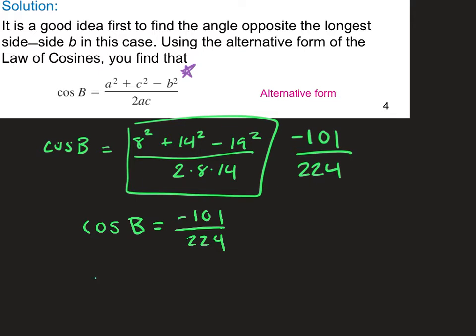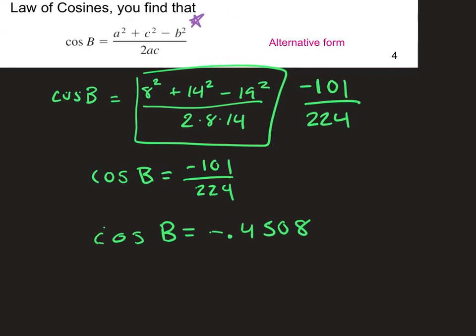If we divide this, we would get cosine of B is equal to negative 0.4508. Is that the angle that we're looking for? You do the inverse. So we have to do cosine negative 1 of negative 0.4508. That's going to give us our angle.